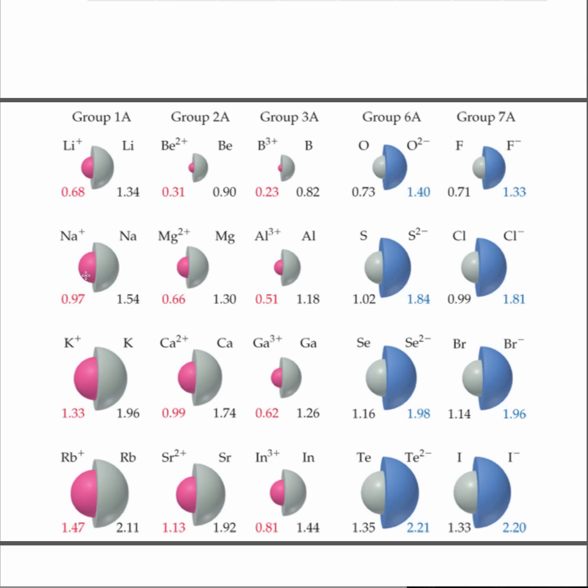This is small, big, small, bigger, bigger, bigger. Same story here, super small, bigger, bigger, bigger. But if I go left to right, from here to here, they get a little bit smaller, a little bit smaller.